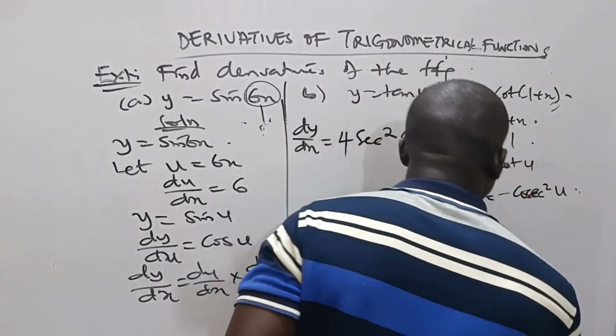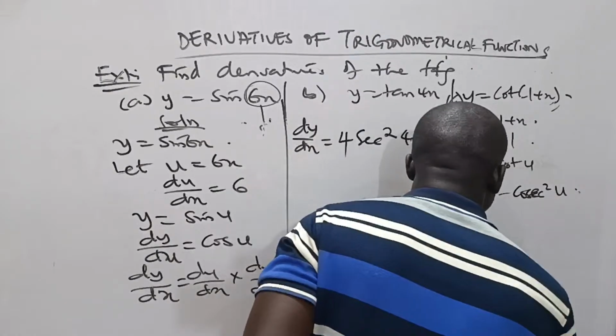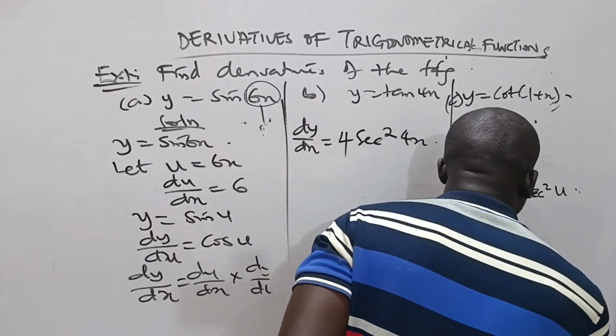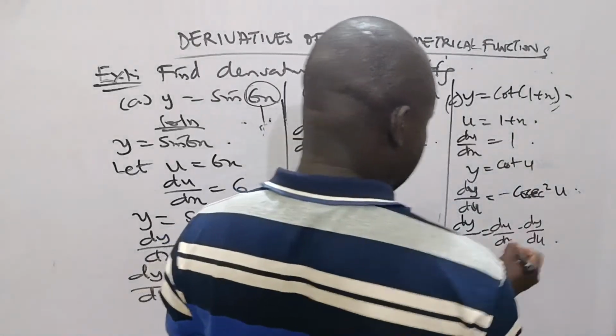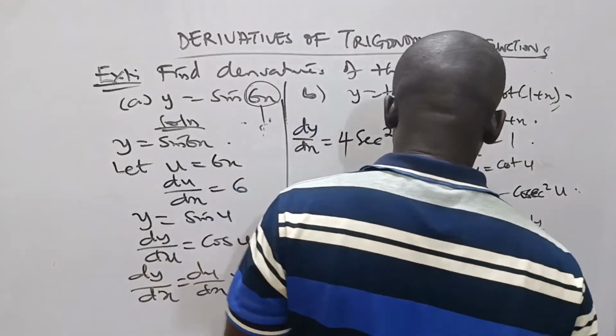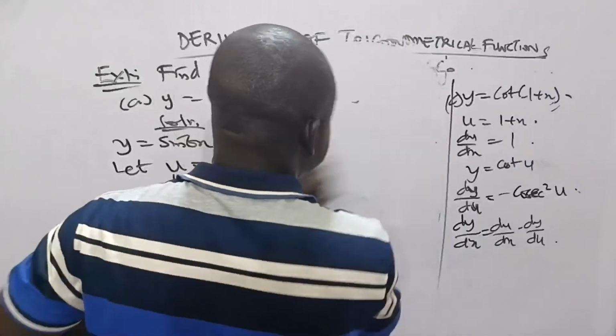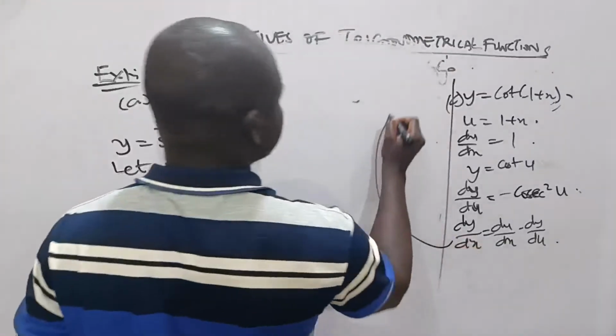So at the end of the day, dy/dx will be du/dx multiplied by dy/du.